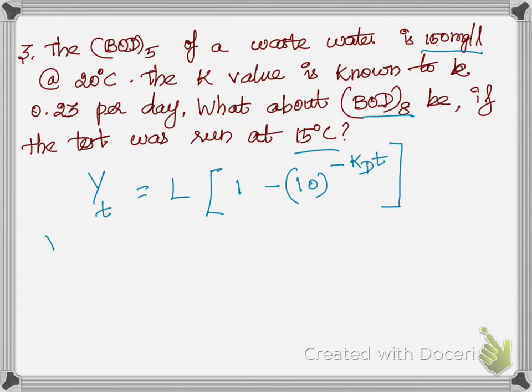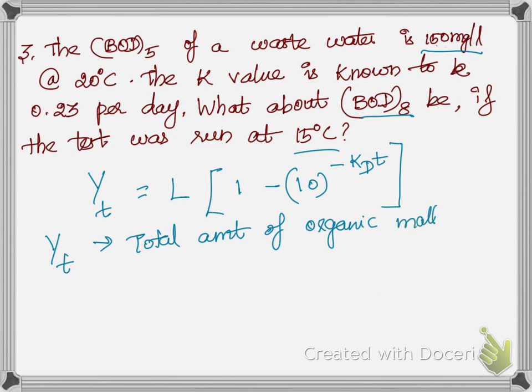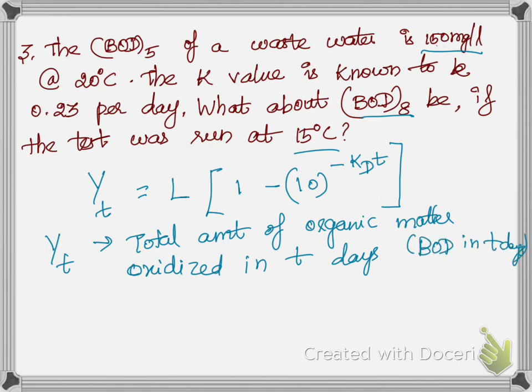So YT is nothing but your total amount of organic matter oxidized in T days. So in simple I can tell this YT as BOD in T days. Next is going to be L. L is nothing but your oxygen equivalent.